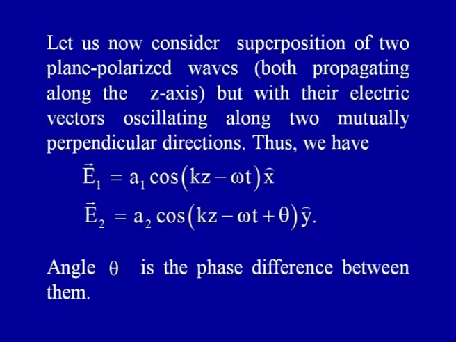So, we can write E1 is equal to A1 cos of kz minus omega t, this is along the x axis. E2 is equal to A2 cos of kz minus omega t plus theta along the y direction. The angle theta is the phase difference between these two waves.